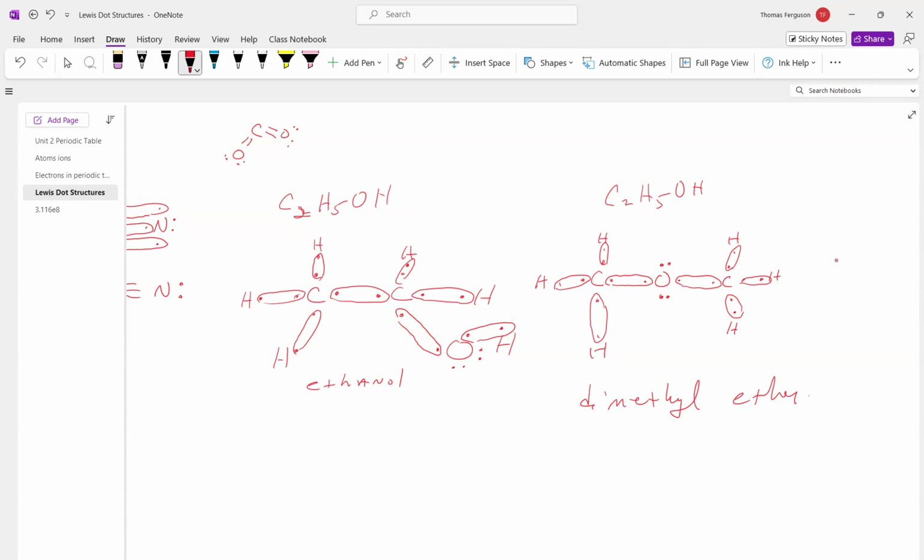Okay, so the last step on this is to take the little circled bonds and make them into lines.